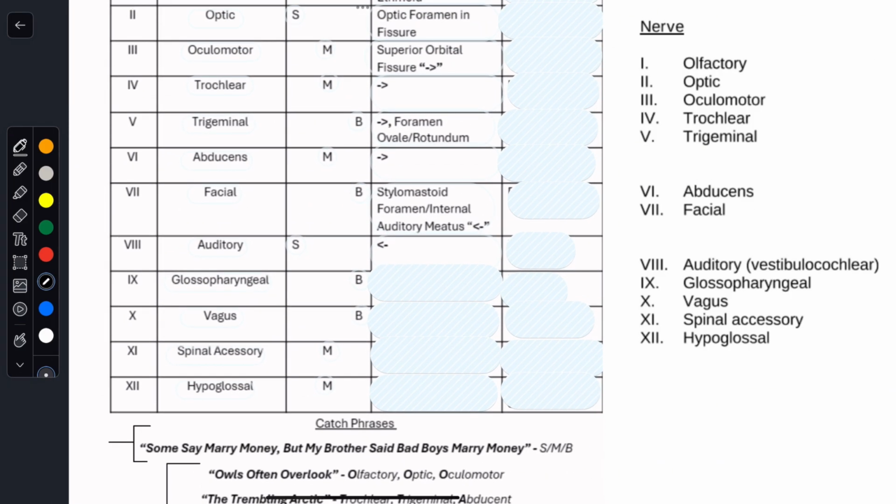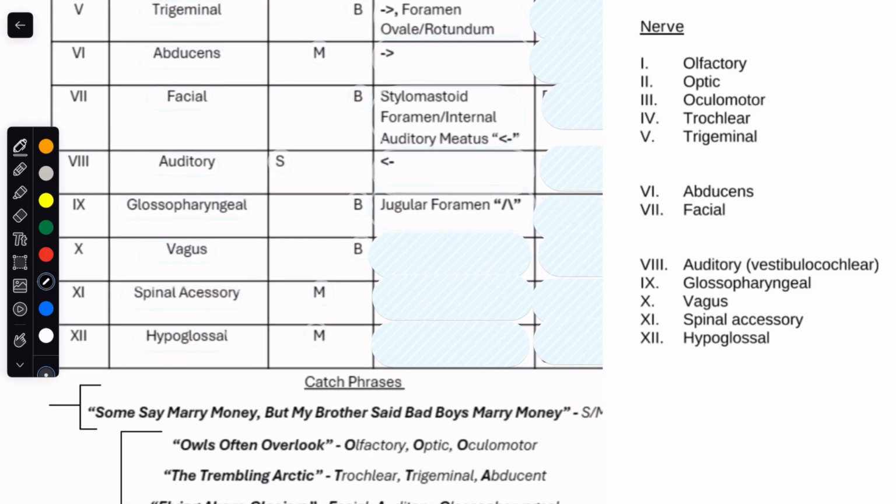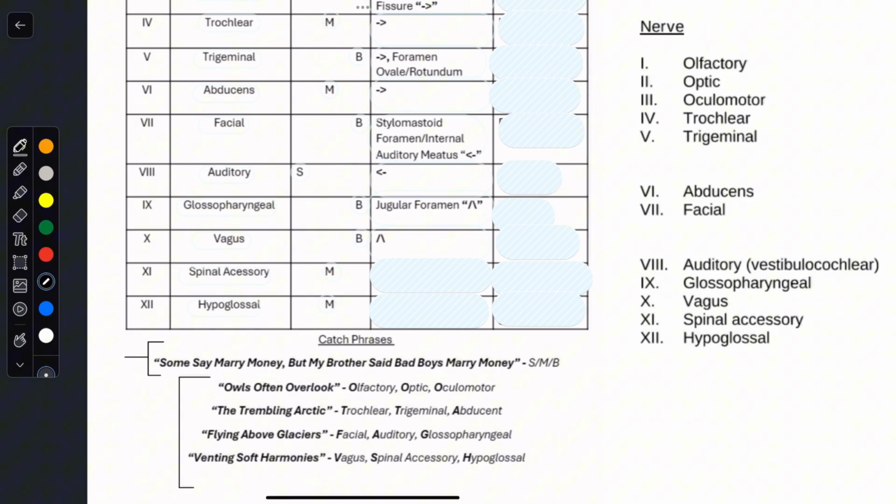For auditory, you can find it in the internal auditory meatus. And then for glossopharyngeal, it's the jugular foramen, that sign that I typed again. Vagus is also jugular foramen. Spinal accessory is jugular foramen. And then finally, for hypoglossal, it's hypoglossal foramen.